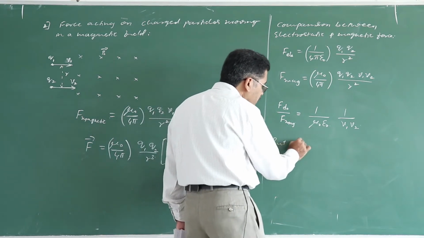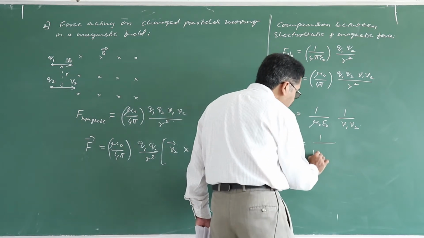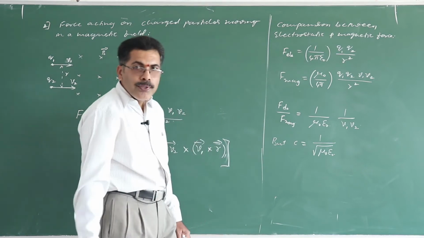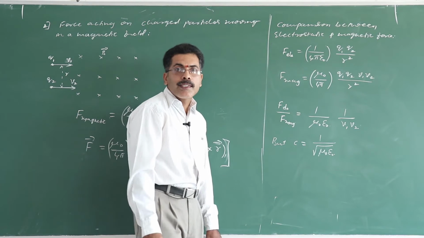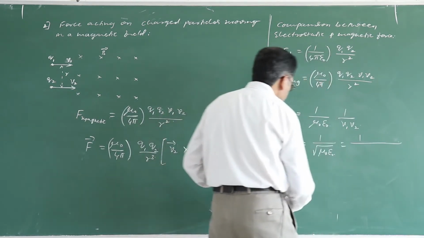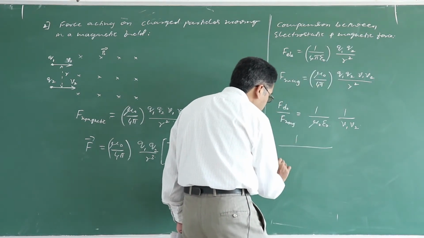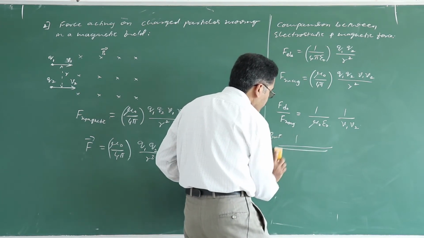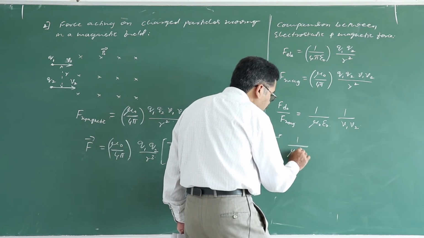But you know that the speed of light in air or vacuum is given by 1 by root of mu naught into epsilon naught.